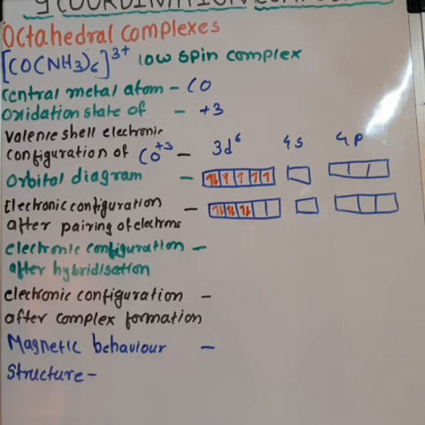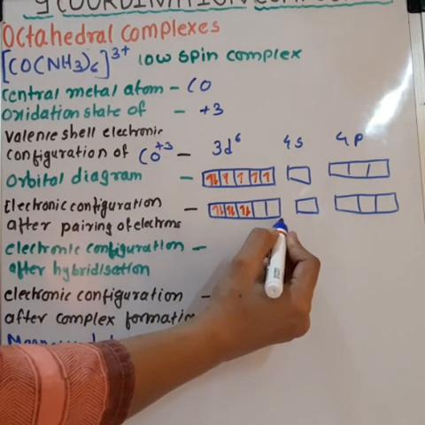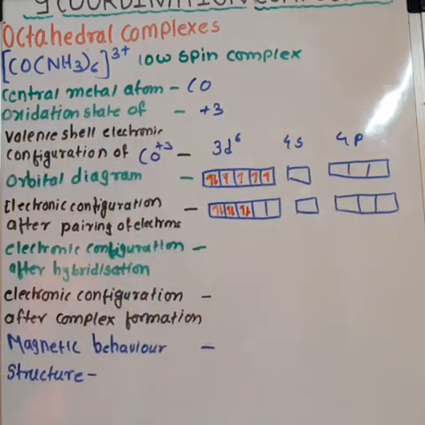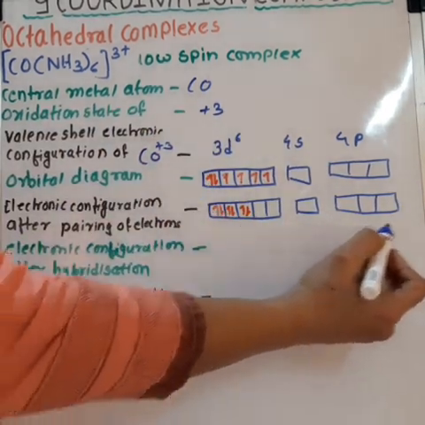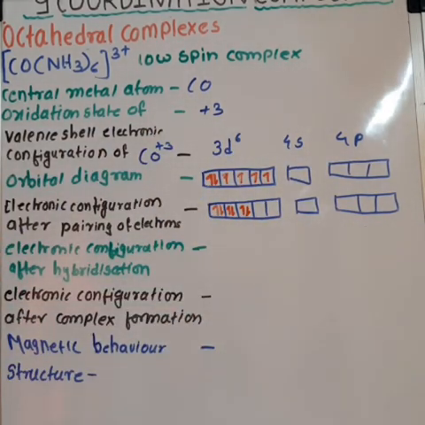Now hybridization takes place between 2 d orbitals, 1 s and 3 p orbitals. So d2sp3 hybridization takes place and d2sp3 orbitals will be the hybrid orbitals.